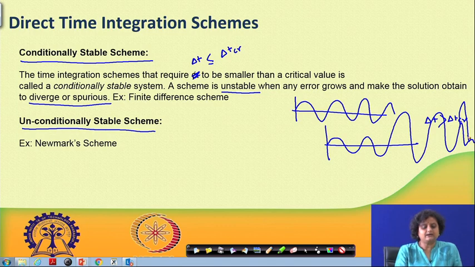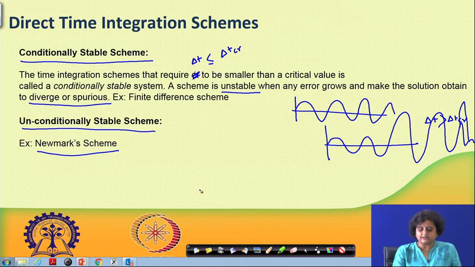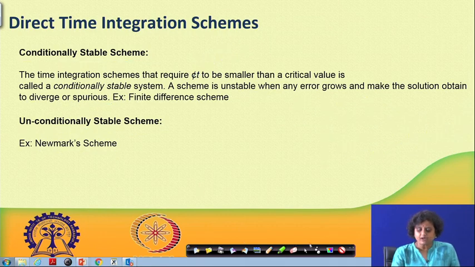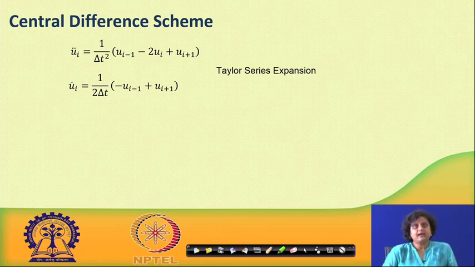On the other hand, an unconditionally stable system does not have the requirement that del t has to be lower than a certain del t critical. The finite difference scheme is one example of a conditionally stable scheme, and the Newmark time integration scheme is an example of an unconditionally stable scheme. Now let me quickly talk about the central difference scheme, which is an explicit and conditionally stable time integration scheme.